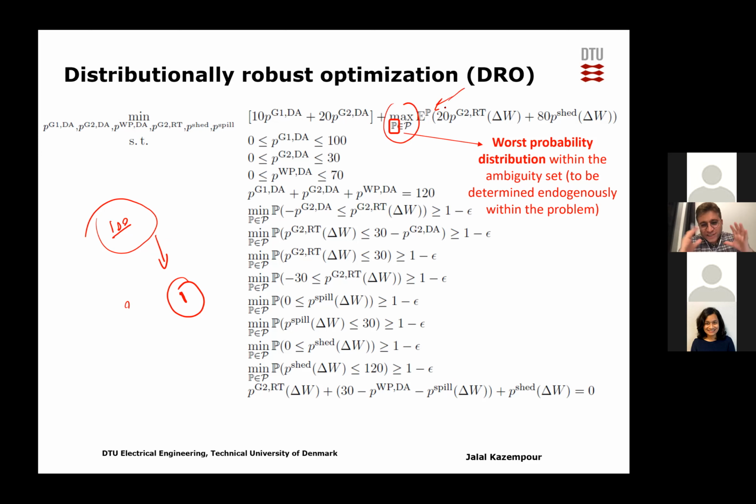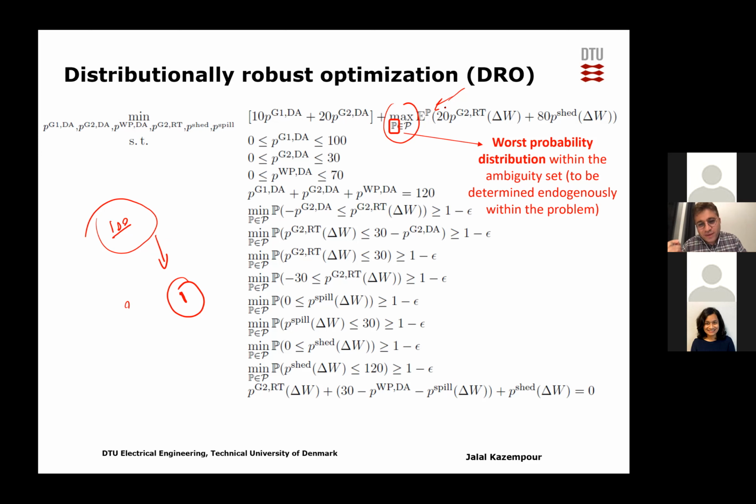Exactly. By shrinking the ambiguity set, it means that we have better knowledge about the distribution, so we go towards a stochastic program. By enlarging the ambiguity set, it means that we are not sure about distributions. We put whatever distributions there, and we are becoming more and more conservative.